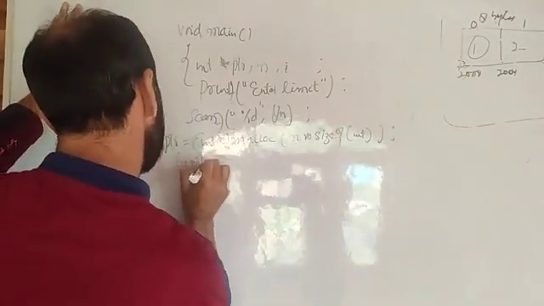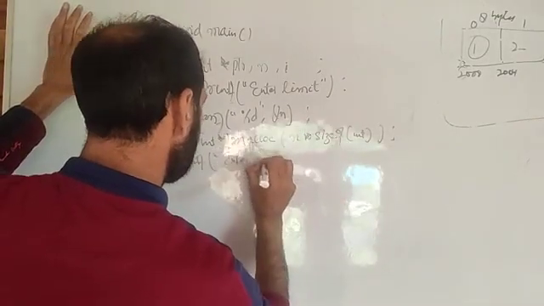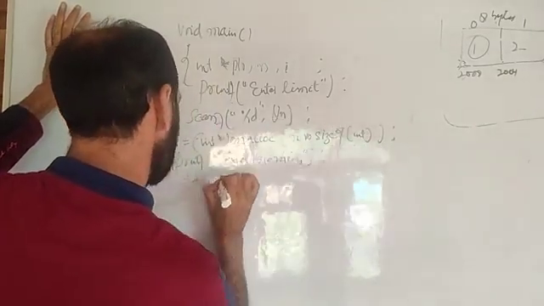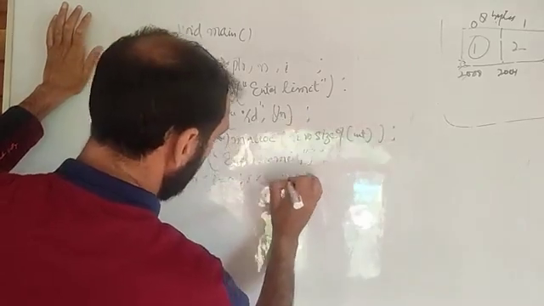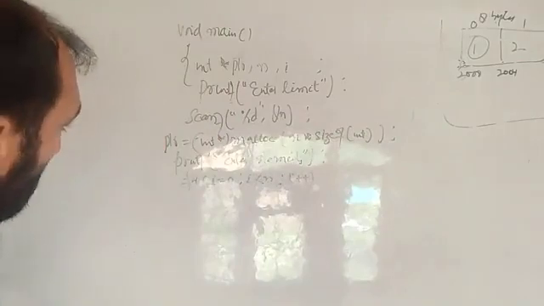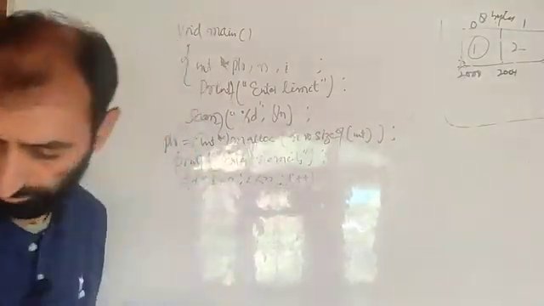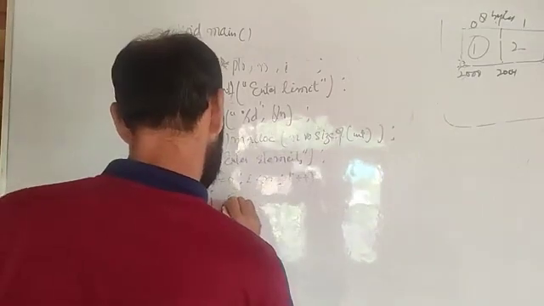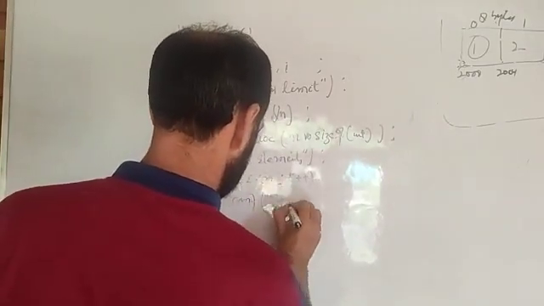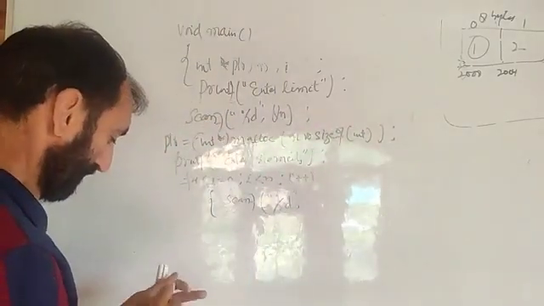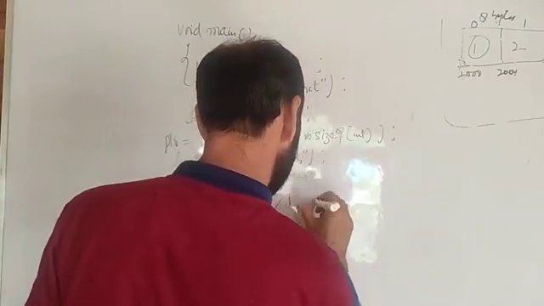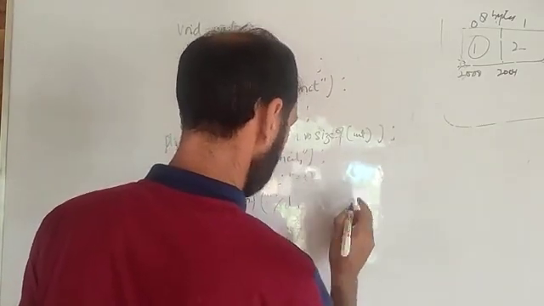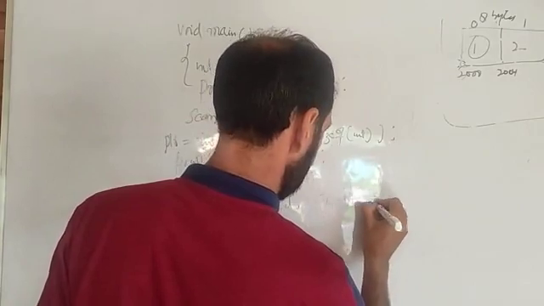printf enter the elements, for i equal to 0, i less than n, i plus plus, scanf %d, ptr plus i into size.